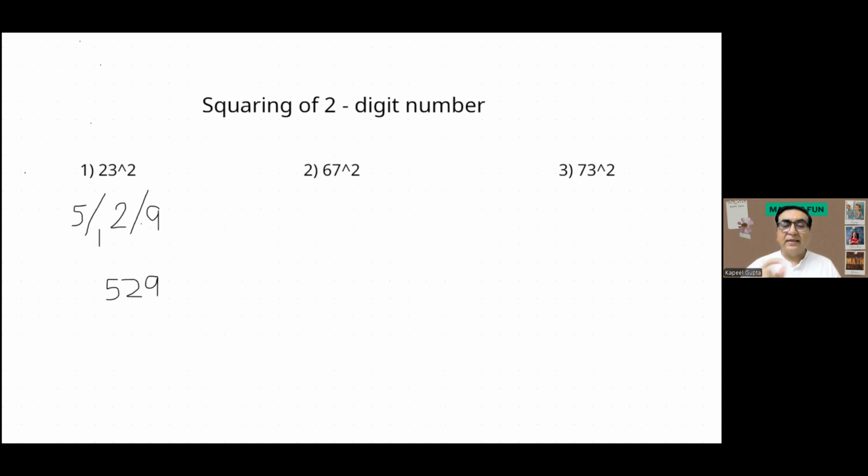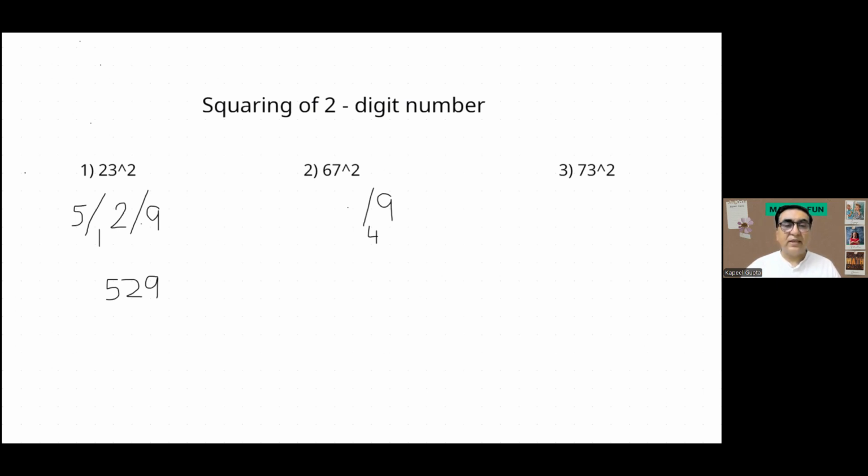Got it? Let's do 67 squared. Once again, on the rightmost we have 7, and the single-digit duplex will be 49 because I'll be squaring it. So I write 9, and 4 as a carry forward. Then for the middle number, 7 times 6 is 42, doubling it is 84, and 84 plus 4 is 88.